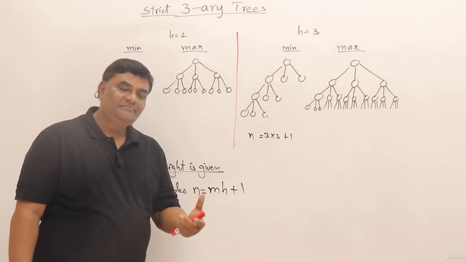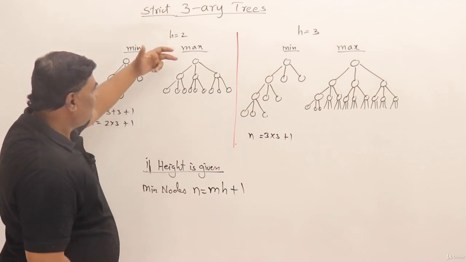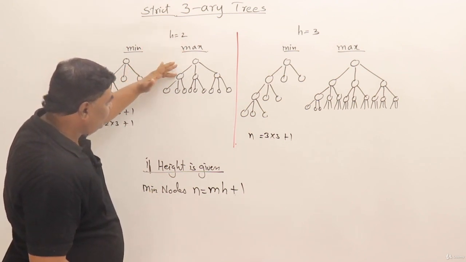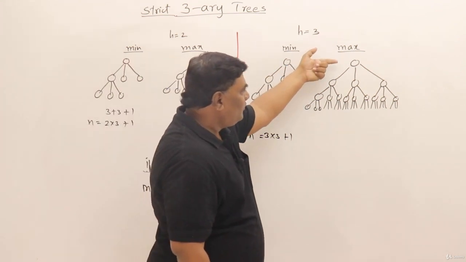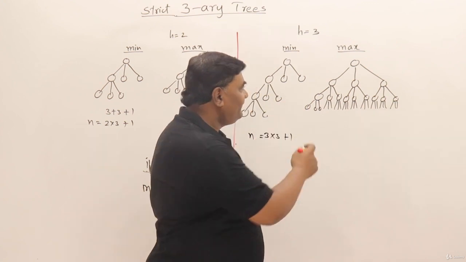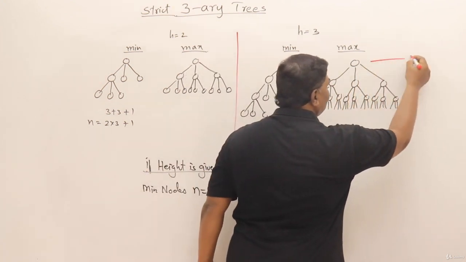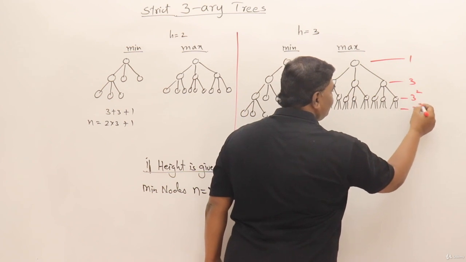Then the maximum nodes, how many? Let us observe. 1, then 3, then 9. What about this? 1, then 3, then 9, then 27. If I write them, this is 1 and this is 3 and this is 3 square. This is 3 cube.